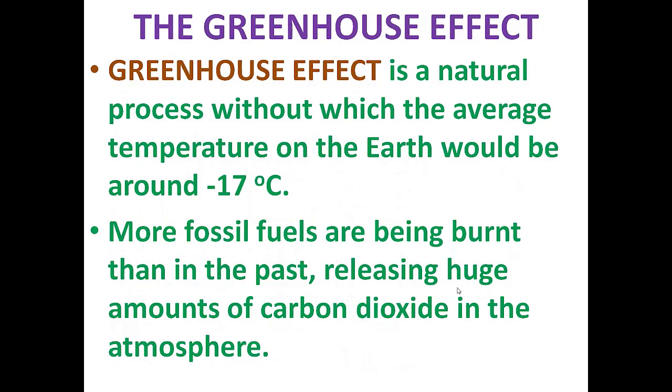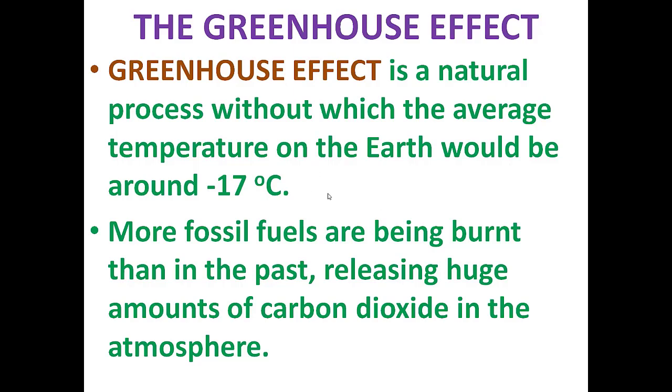What is the greenhouse effect? This greenhouse effect is a very important process on the earth, because of which life is possible on the planet. It is a natural process without which the average temperature on the earth would be around minus 17 degrees centigrade.